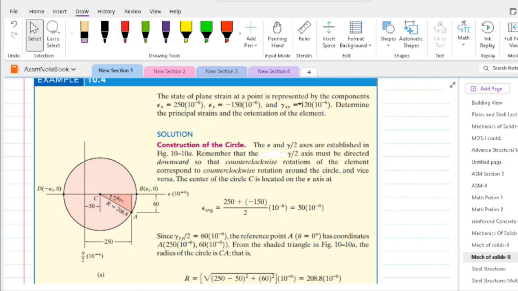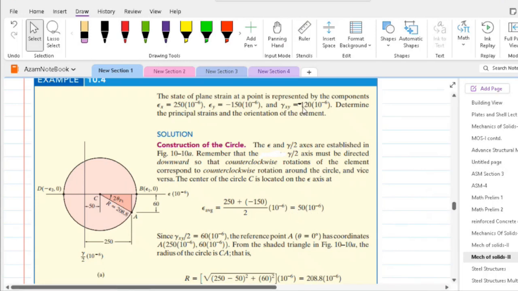So our state of plane strain will come below the epsilon axis. The center C of the Mohr circle on the epsilon axis is located at epsilon x plus epsilon y by 2 from the origin. Hence, epsilon x, which is 250, plus minus 150 by 2, with 10 raised to power minus 6 taken as a common factor, we get the center of the circle C equal to 50 into 10 raised to power minus 6.